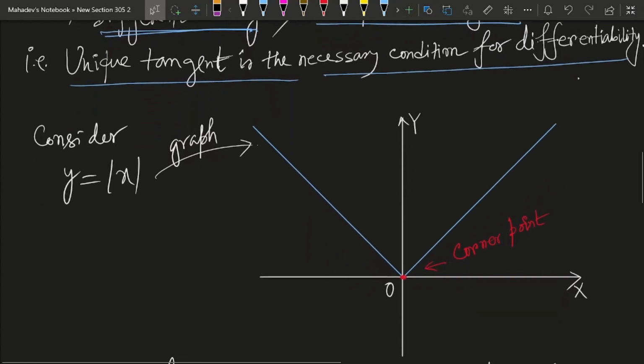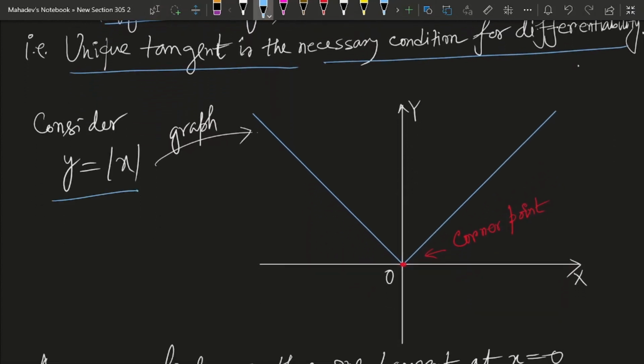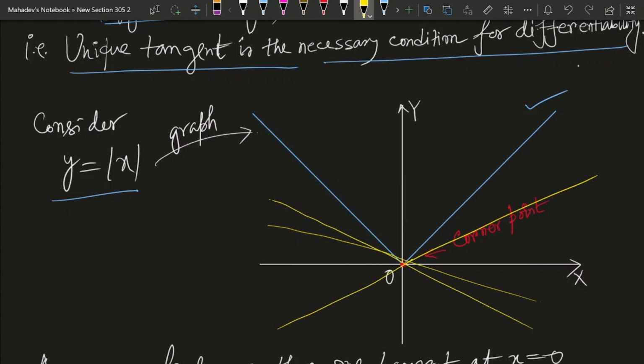For example, look at the graph of mod x. You know this is the graph of mod x. We can draw infinitely many tangents at the origin, like that. So that means you can draw more than one tangent, so the tangent at the origin is not unique. So your function is not differentiable at the origin.